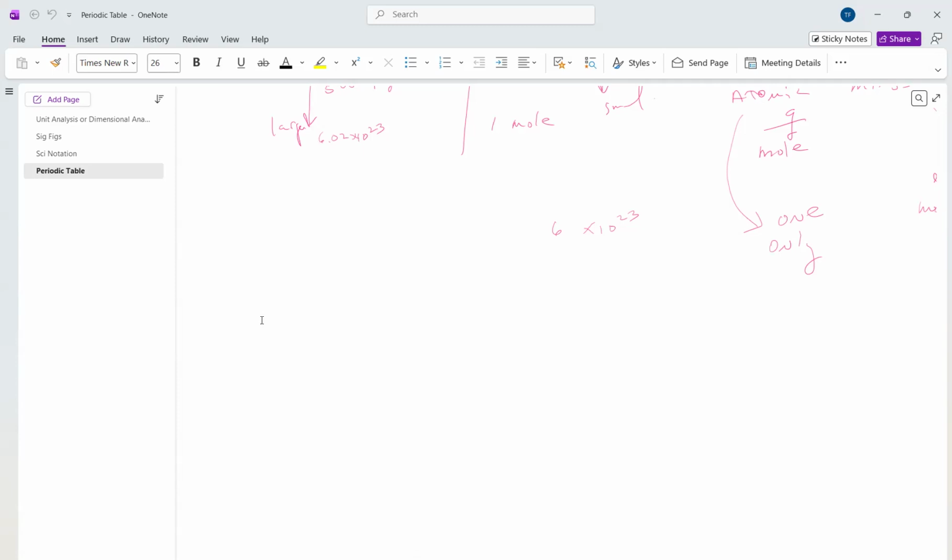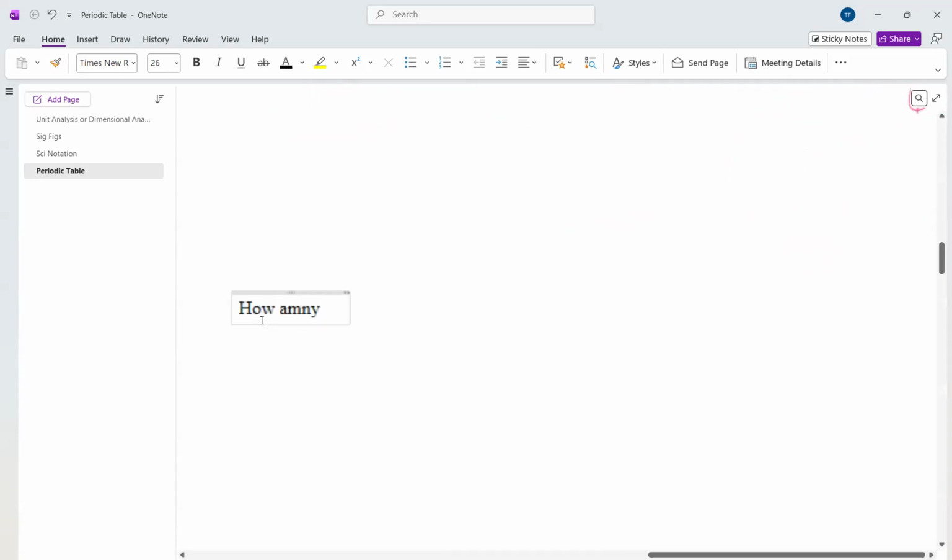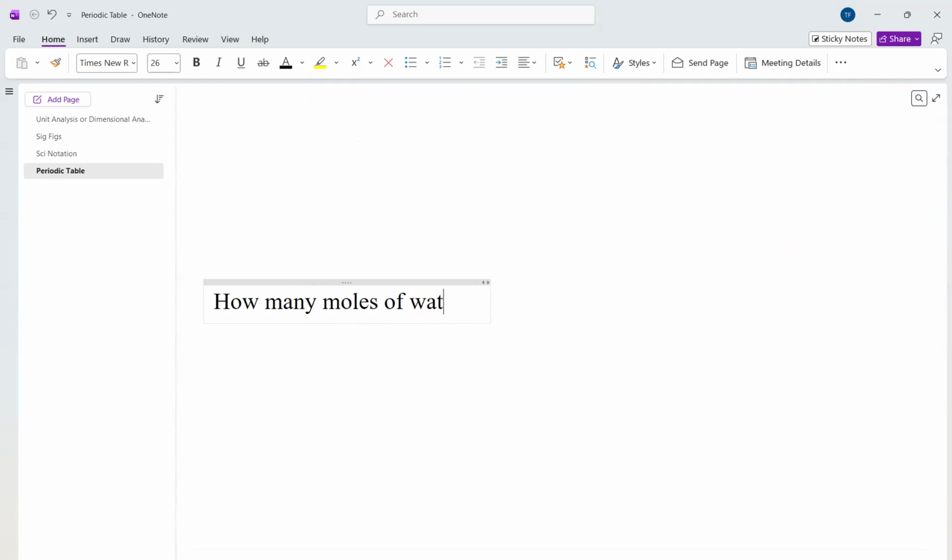Okay, so let's do a problem here. How many moles of water are in 34.5 grams?